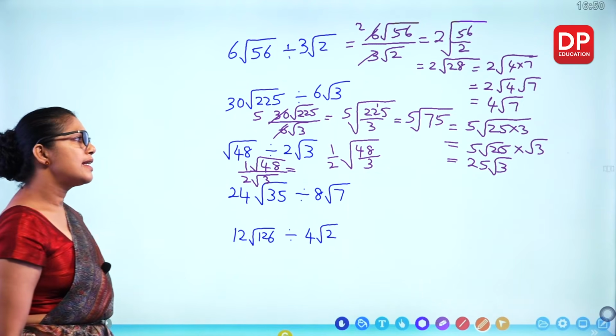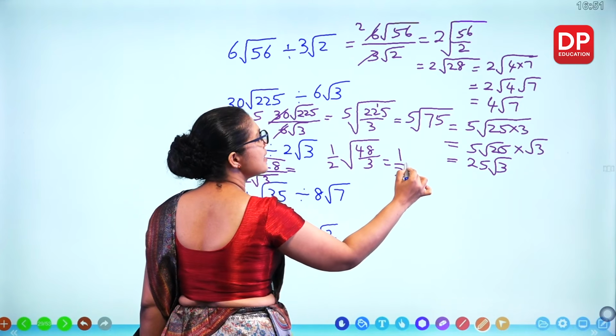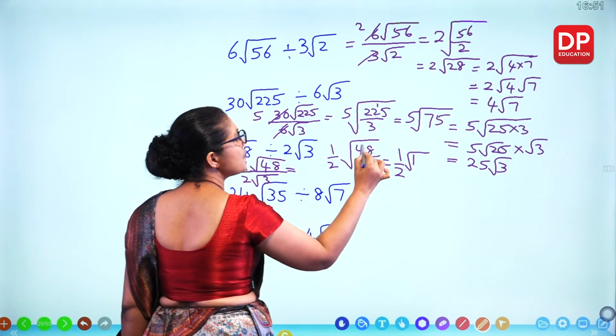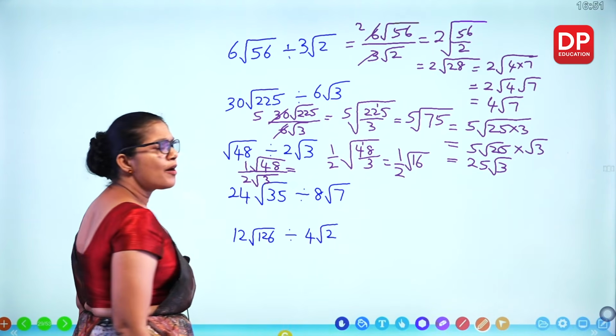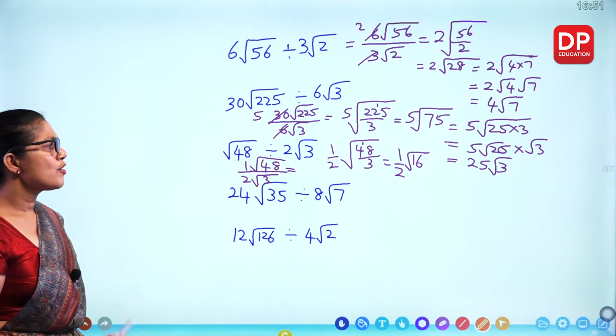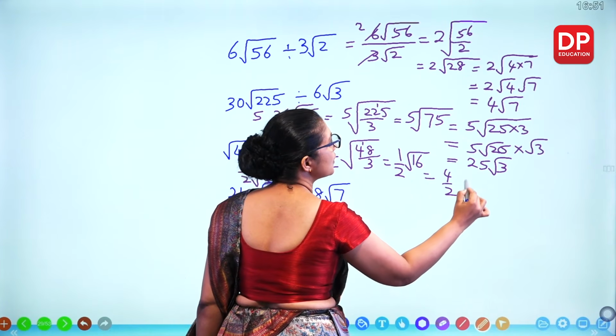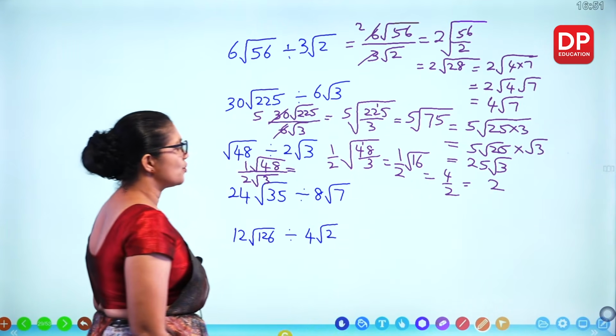So what is 48 divided by 3? I get square root of 16. So what is square root of 16? Square root of 16 is 4. 4 divided by 2, I get 2.